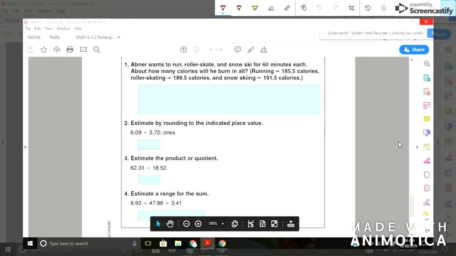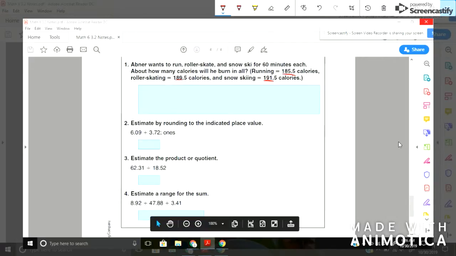Well, if you take a look back at example 1, we also were kind of doing the same thing and rounding them. In example 1, we clustered because they were all around 170. Here, I would say that they're all pretty close to 190. This is close to 190, this is close to 190, and this is close to 190.